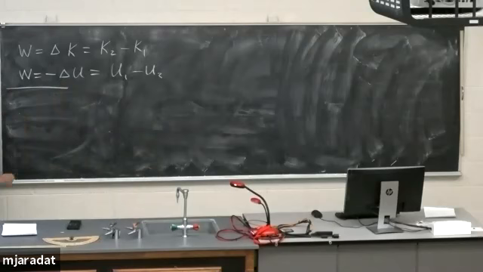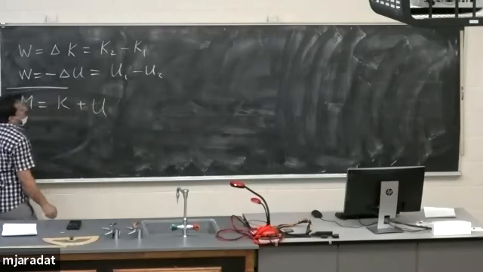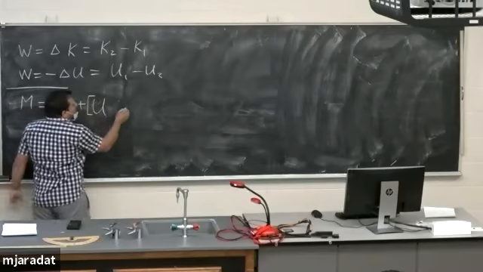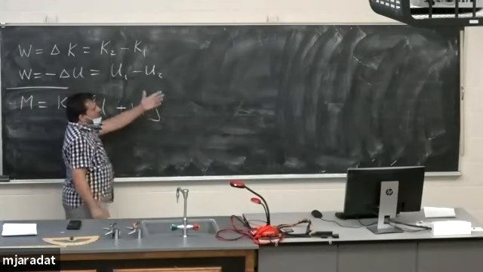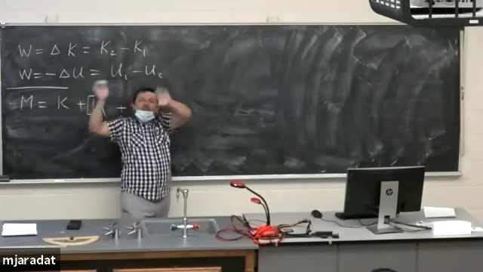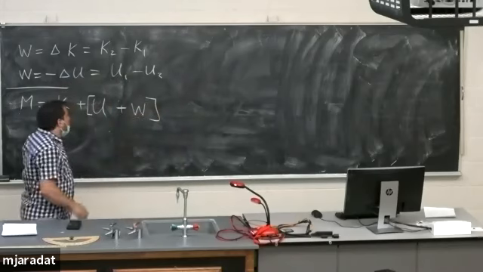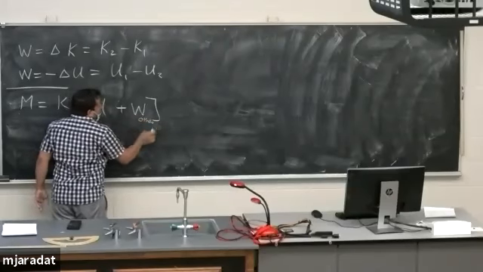And the mechanical energy is equal to the kinetic energy plus the potential energy, plus any other work. If you remember from the books, we have work jumping from type to type of energy. We have work from any other source.